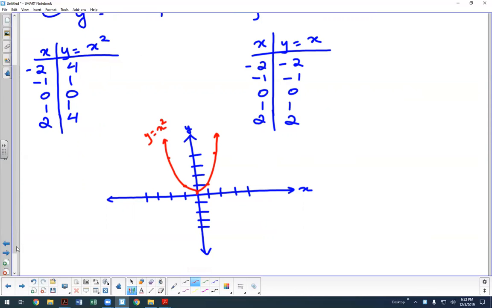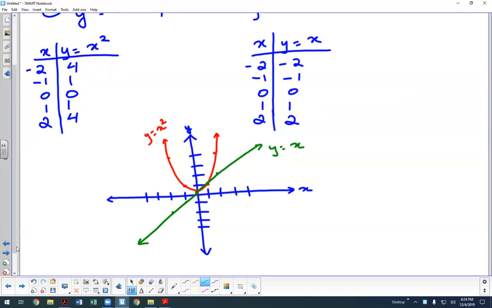So that's our x squared function. For our y equals x, again, we have 0, 0; 1, 1; 2, 2; -1, -1; -2, -2. That's our y equals x function. Hopefully you have a better graph than I do.